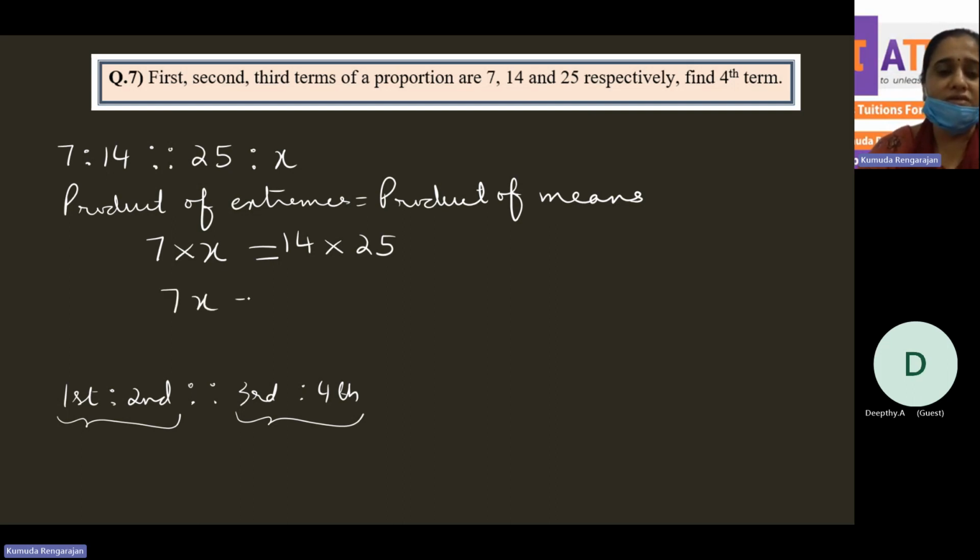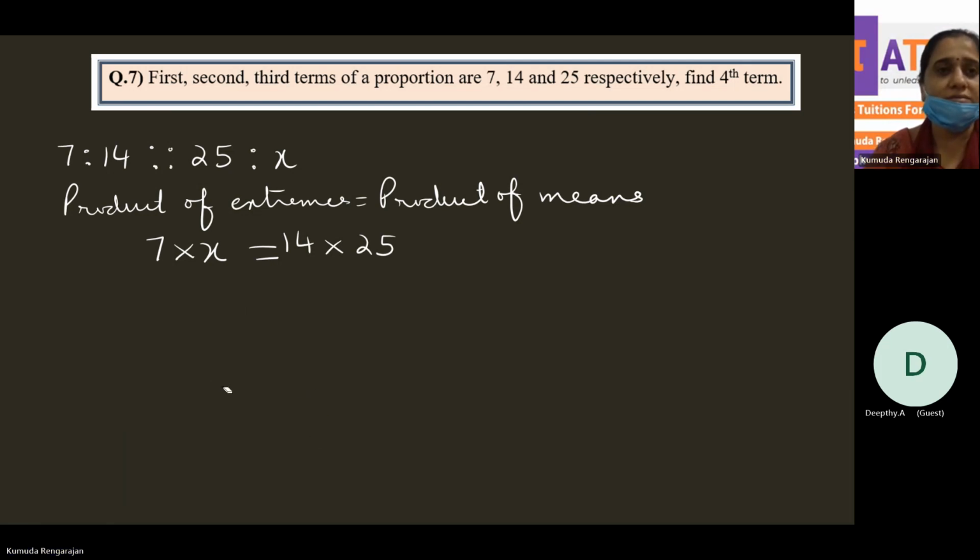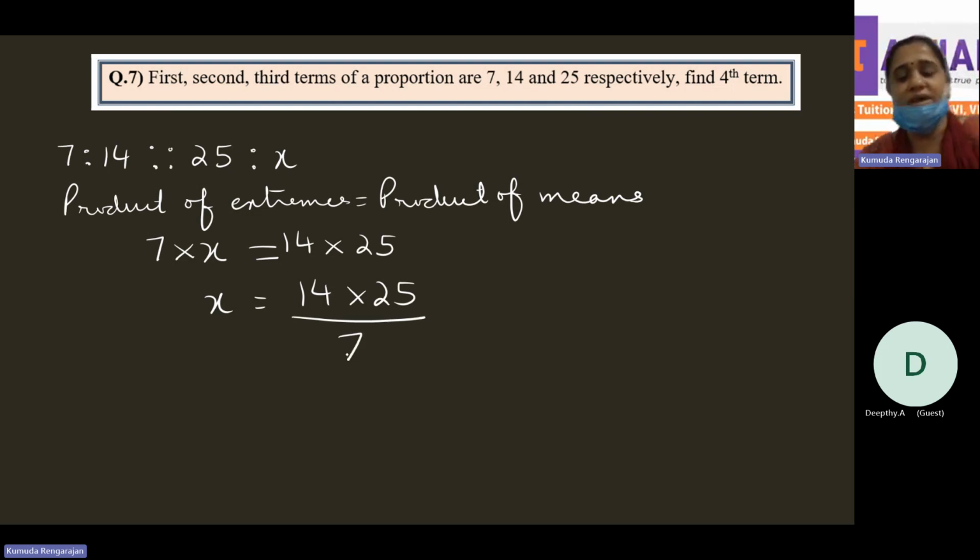7x is equal to, or you don't have to write that also. X is equal to what? The 7 will go to the other side for division, right? X is equal to 14 into 25. The 7 will come to the other side for division. See here, it's simple.